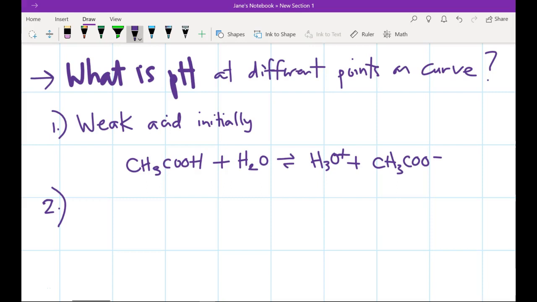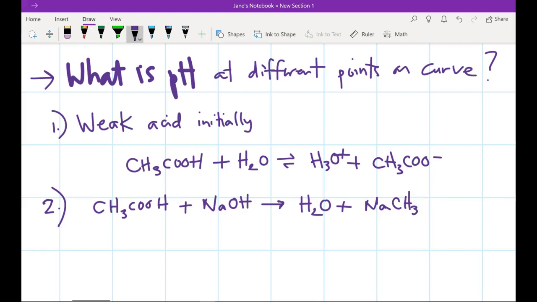You can think of this reaction as the acetic acid plus whatever strong base you're adding. Let's imagine we're adding sodium hydroxide. And this reaction is not an equilibrium reaction. You're forcing the formation of water and the salt, in this case sodium acetate, NaCH3COO.